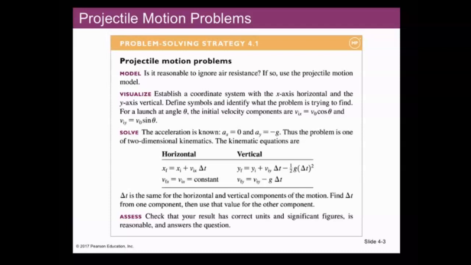The kinematic equations for the vertical component of the motion are y final is equal to y initial plus v initial in the y direction times delta t minus 1/2 g times the time interval squared. And v final in the y direction is equal to v initial in the y direction minus g delta t.